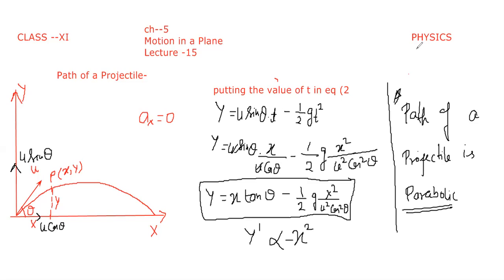So y equal to x tan theta minus half g x square upon u square cos square theta. Y power 1 is directly proportional to minus x square. There are generally four relations.